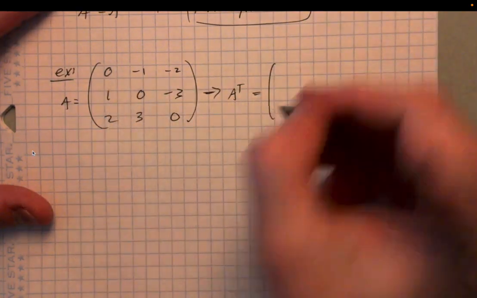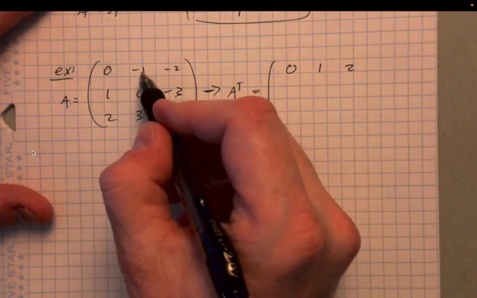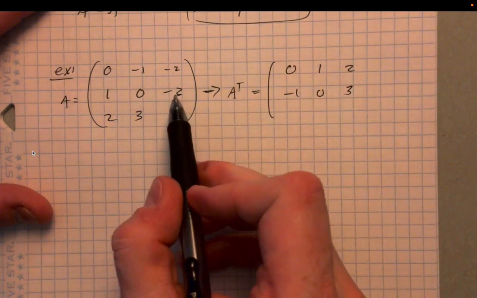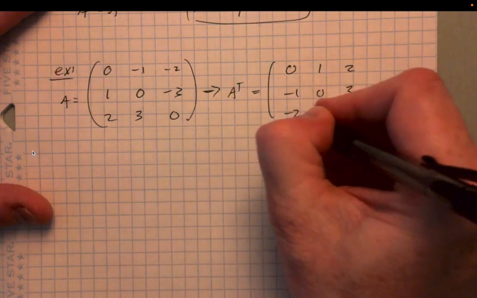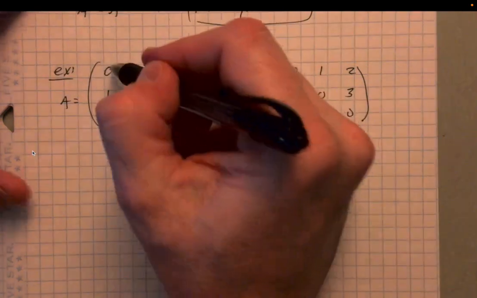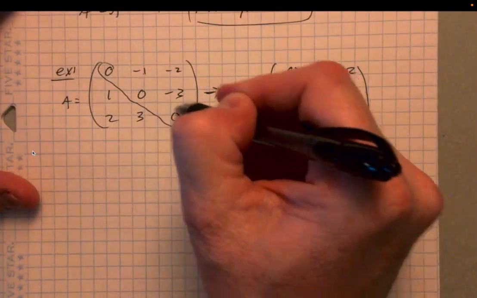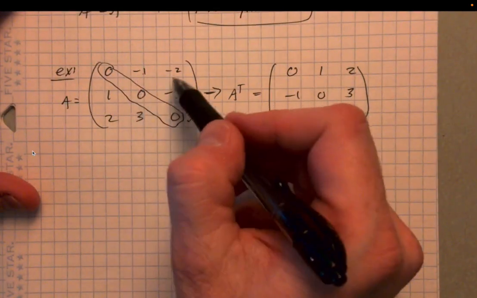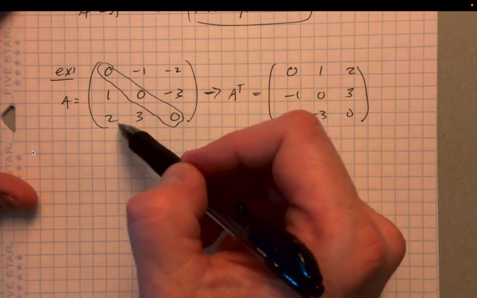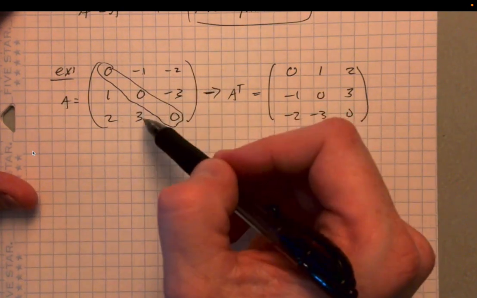Well, we get 0, 1, 2, -1, 0, 3, -2, -3, 0. Right, now notice here, we'll go back to A. The cross entries are not exactly the same. So this is a 1, this is a -1, this is a 2, this is a -2, 3, -3.